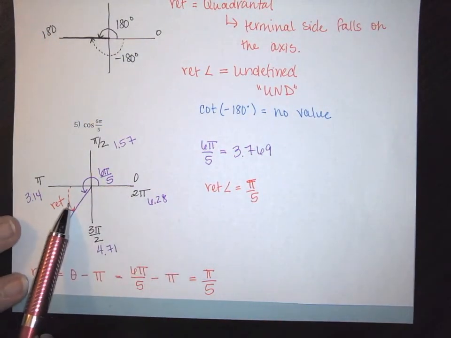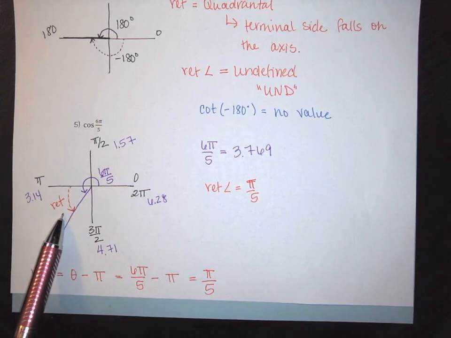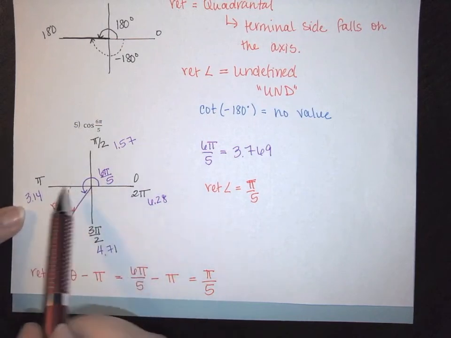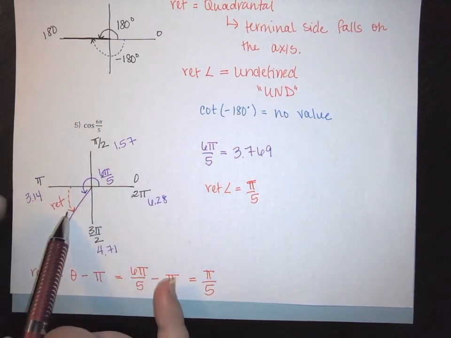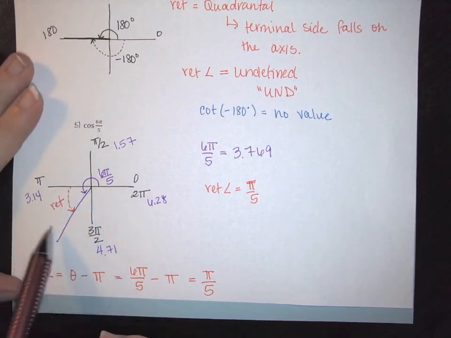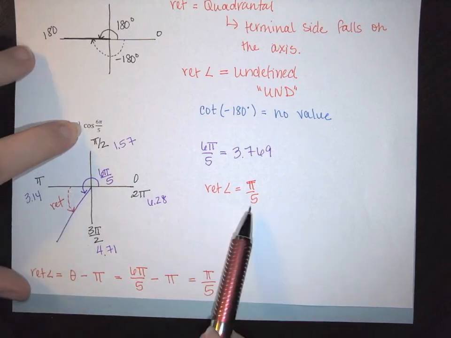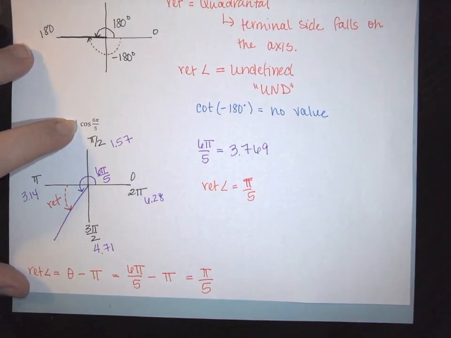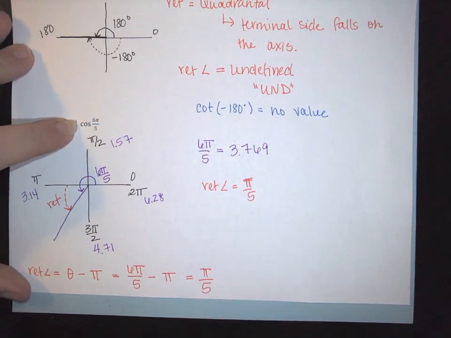Now with that, we have to look very carefully. And so here we know that we have All Students Take Calculus, and the ones that are positive are going to be tangent. Well, I want the cosine, and specifically I'm going to do the cosine of my reference angle, because that's the same thing we've done before.